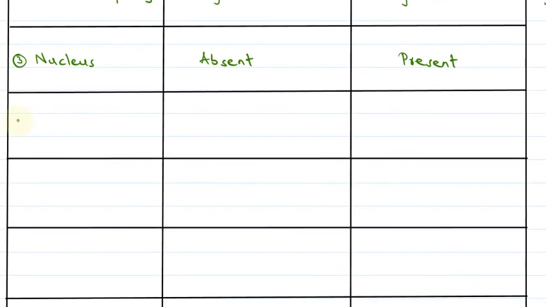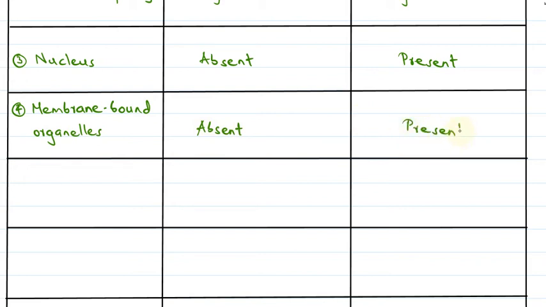Then the next character would be the presence of membrane bound organelles. So these membrane bound organelles are again absent in case of prokaryotes and it is present in case of eukaryotic cells.